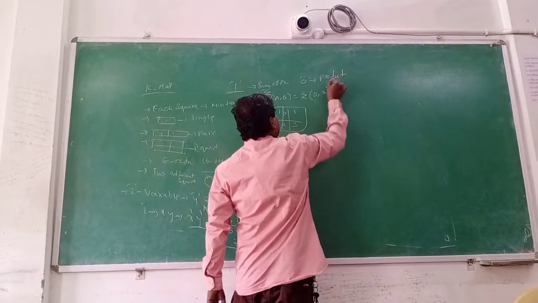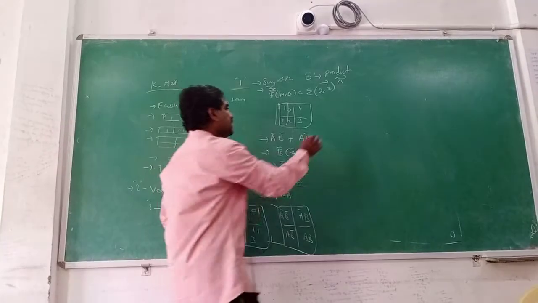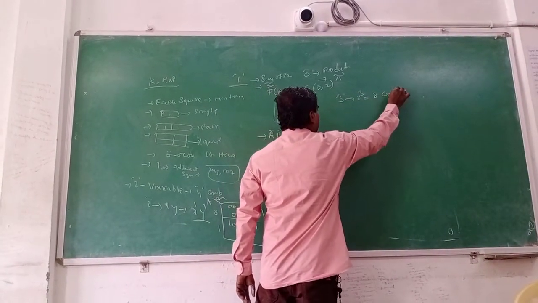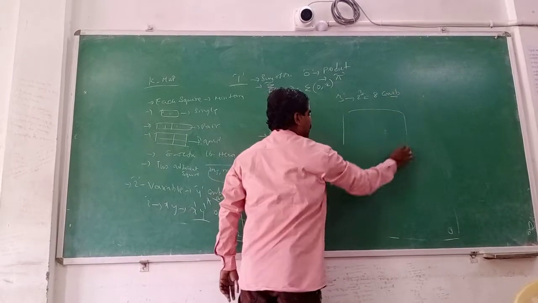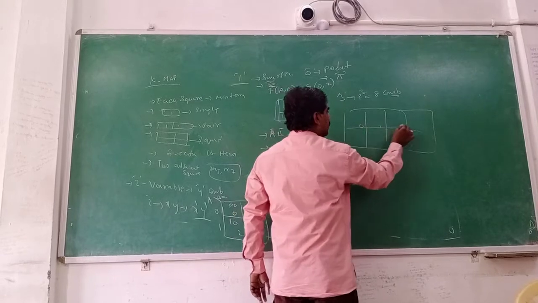Another one is the 3 variable map. 2 power 3 is 8 combinations: 0 1 3 2, 4 5 7 6.